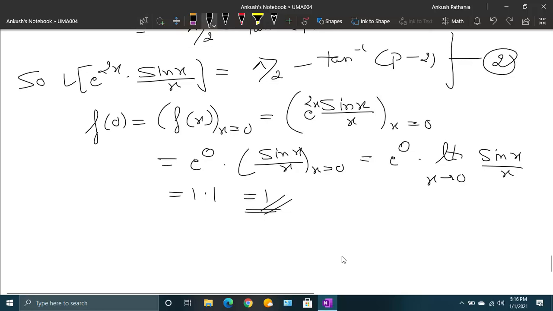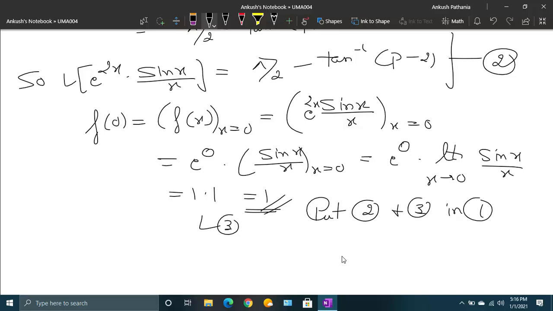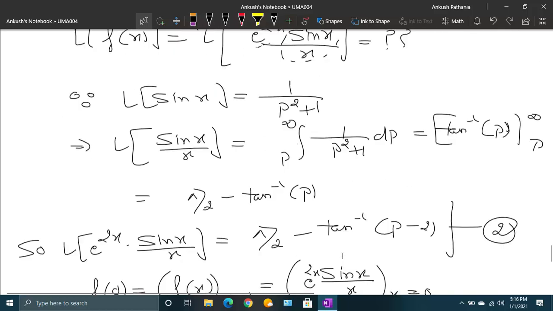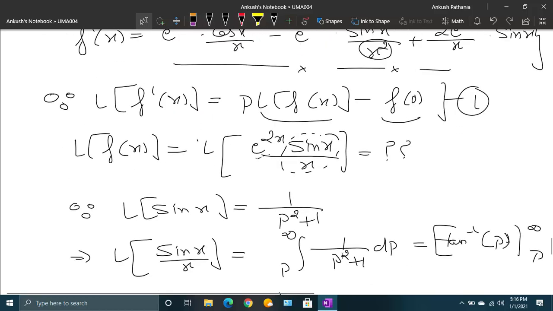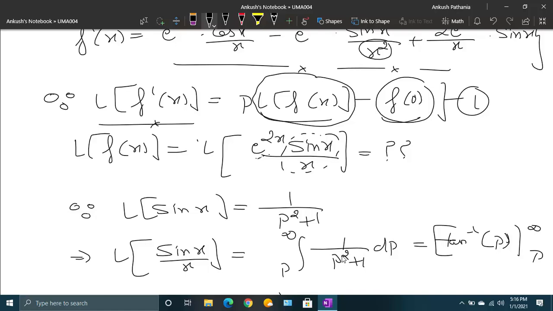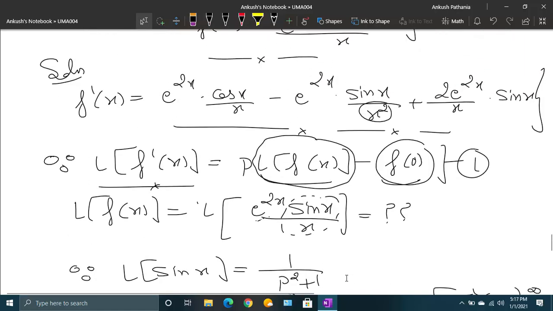So put 2 and 3 in 1. Here we need the Laplace of fx that we found, and then the value of the function at 0. That will give you the Laplace of f dash x without finding its derivative, which in this case was going to be very lengthy.